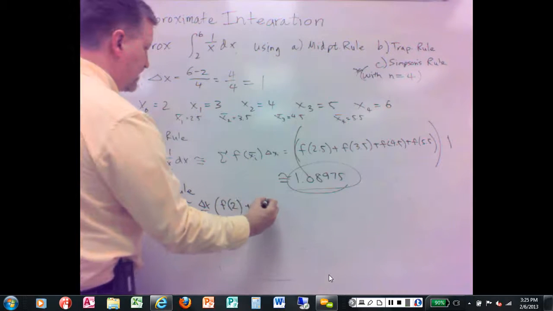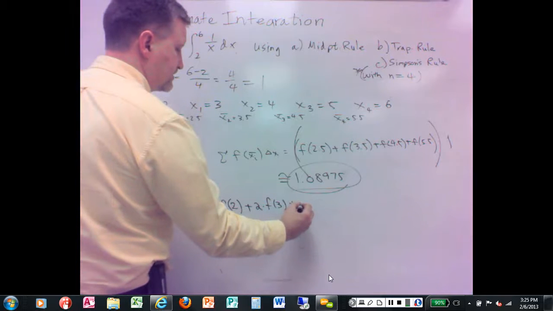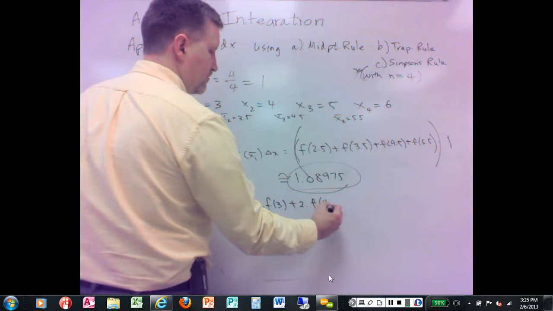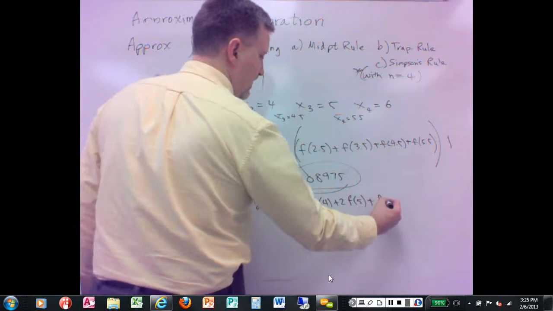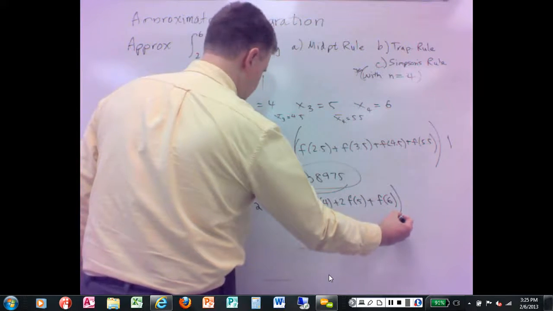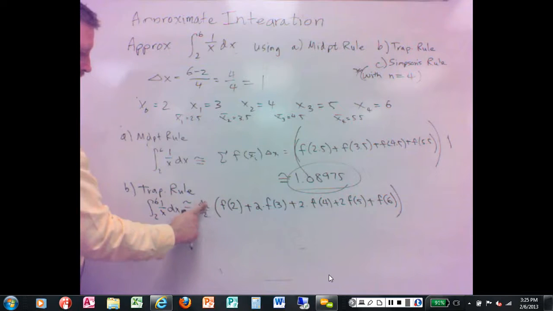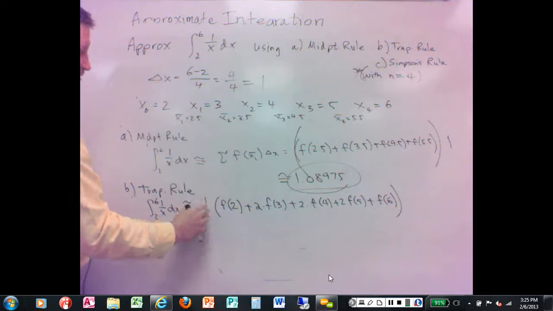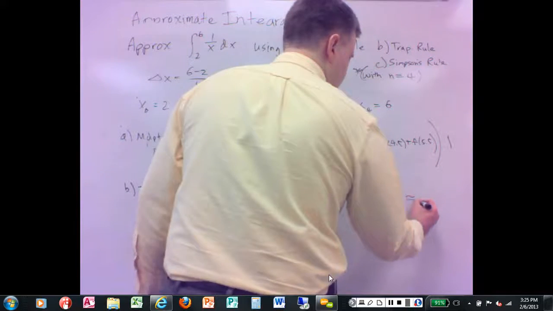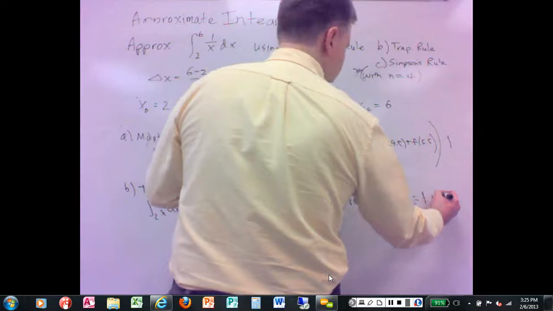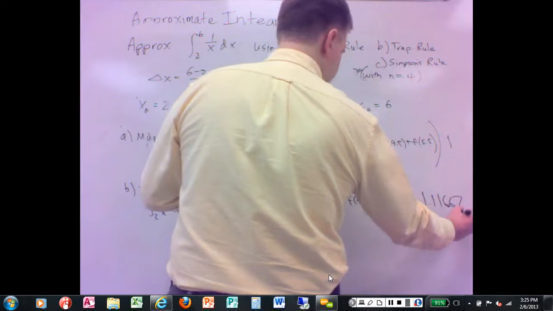So it'll be 2 times f of 3 plus 2 times f of 4 plus 2 times f of 5, plus then the last one's just f of 6. Delta x here is 1, so this is just 1/2 times all that, which comes out to be approximately 1.1167.